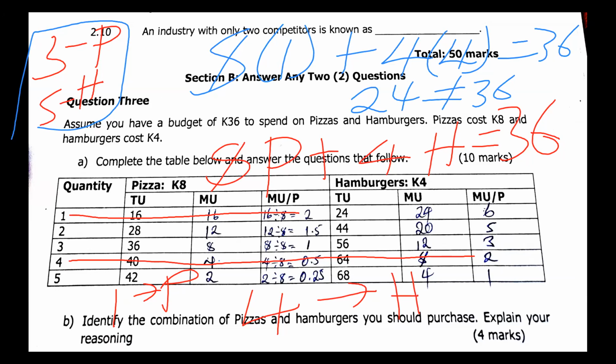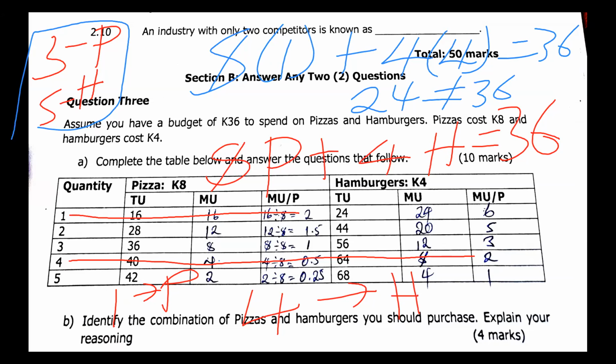Okay? You purchase this bundle because 1, you have the capacity to buy it. You have enough money. Number 2, you purchase it because it gives you the highest level of satisfaction. Why didn't you choose these other bundles? Because your level of satisfaction is not maximized at these other combinations.